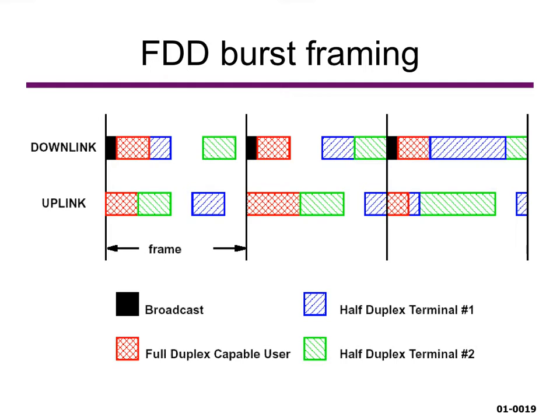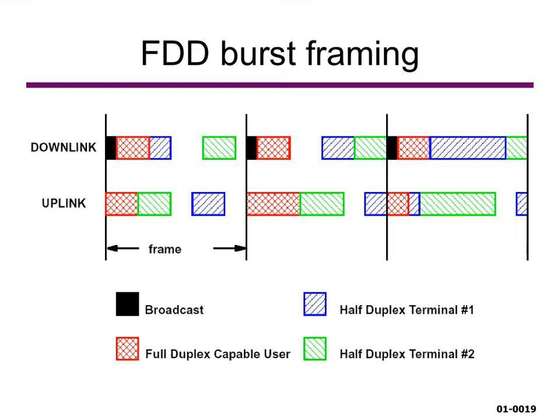In which case, these nodes are half duplex nodes, which means that even though we are using FDD, these nodes themselves cannot send and receive at the same time on the two different frequencies. So these nodes are half duplex, in which case they can send and receive, but on two different time slots, even if they are using different frequencies. So just the fact that we're using FDD doesn't mean that we are always full duplex.